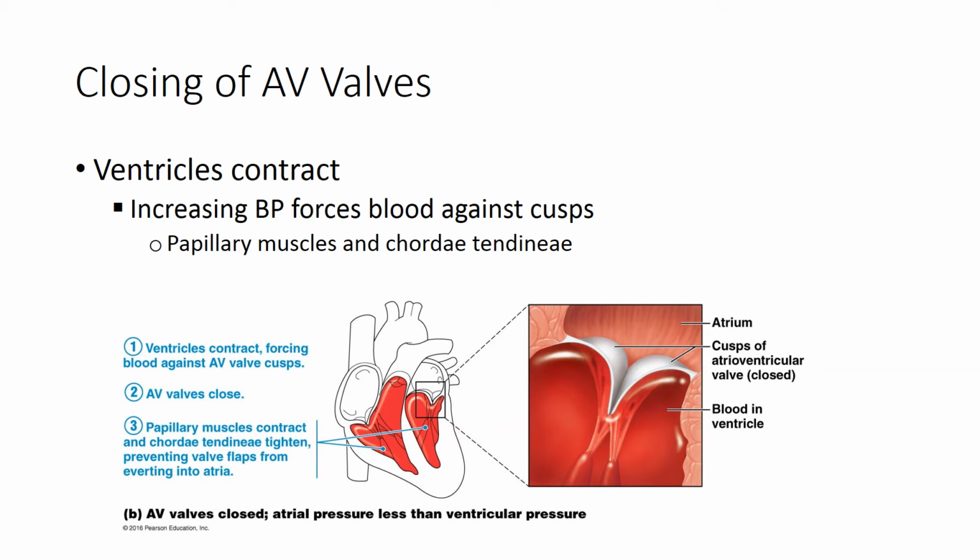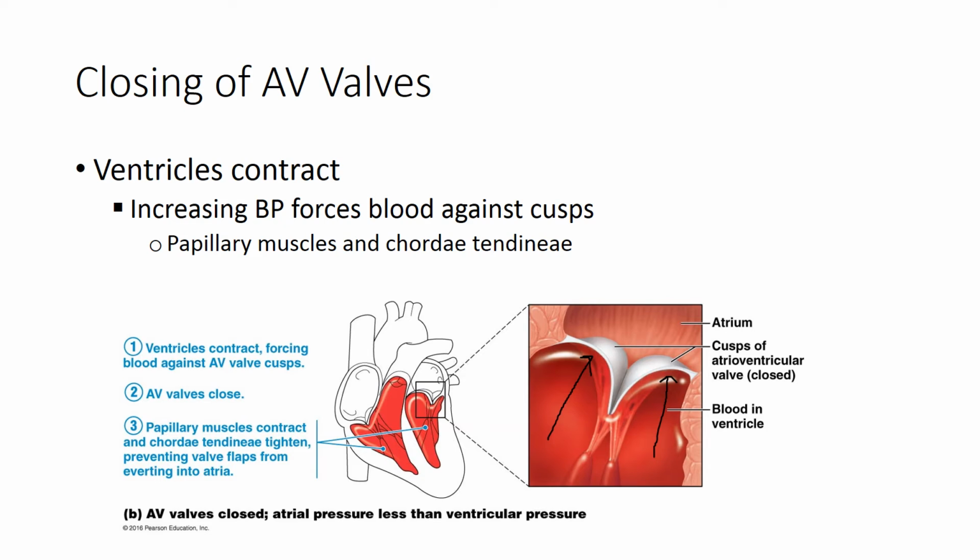The closing of the AV valves is going to be caused by a change in pressure initiated by the contraction of the ventricles. When the ventricles contract, there's going to be an increase in blood pressure within those chambers. So now we have an increase in this blood pressure, and it's forcing the blood up against the inferior side of these cusps.